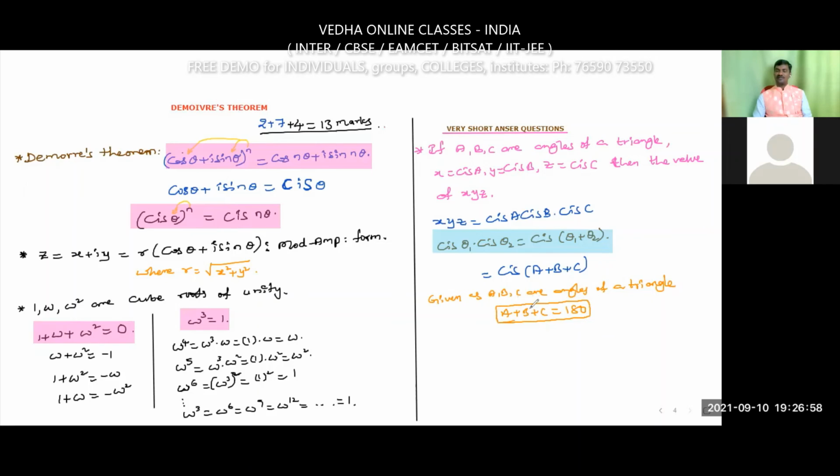Is it correct or not? Yes. So cis of A plus B plus C is cis of 180 degrees.